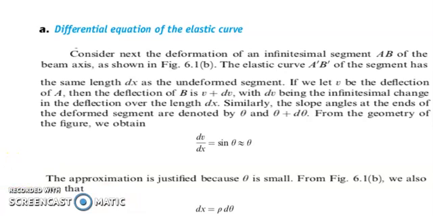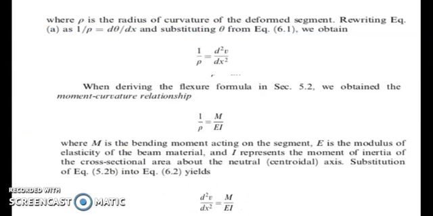Also, dx is equal to rho times d theta, where rho is the radius of curvature of the deformed segment. This can be rewritten as 1 over rho equals d theta over dx. Substituting theta from the previous equation, 1 over rho is equal to d squared v over dx squared.